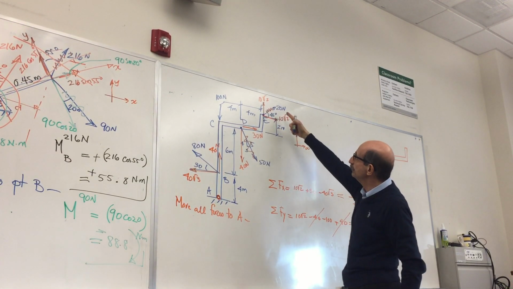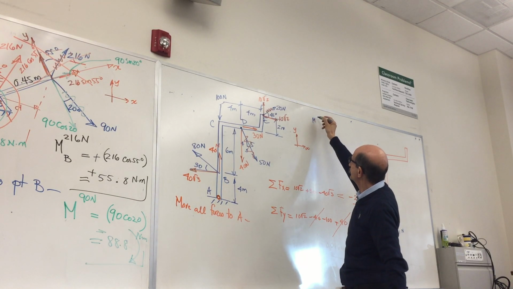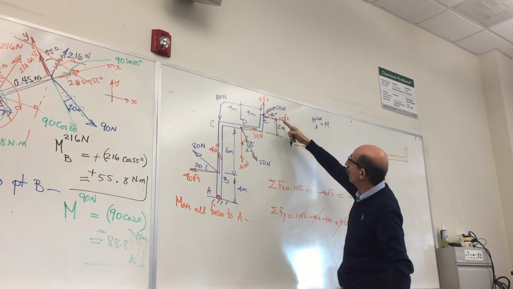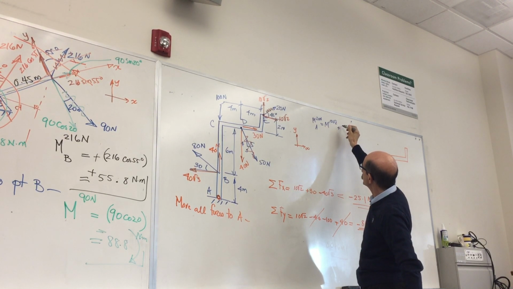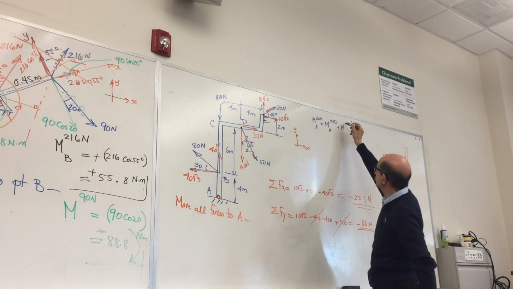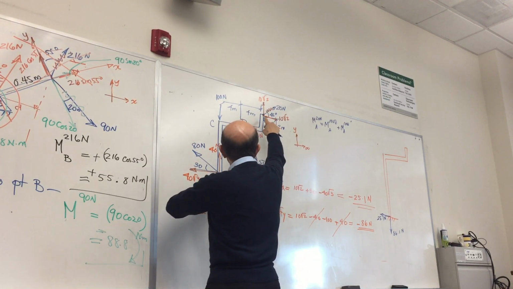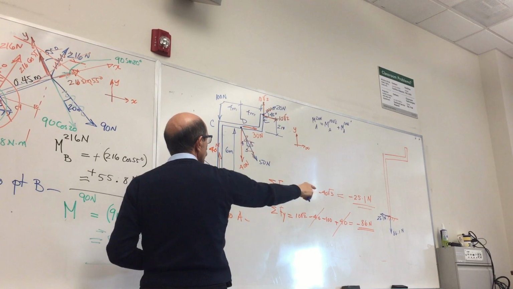What is the moment of this force about point A? The moment of that 20 Newton force about A is the moment of this 10 square root 2 about A plus the moment of that component about A. Think about this, about point A. What direction is that going to be?